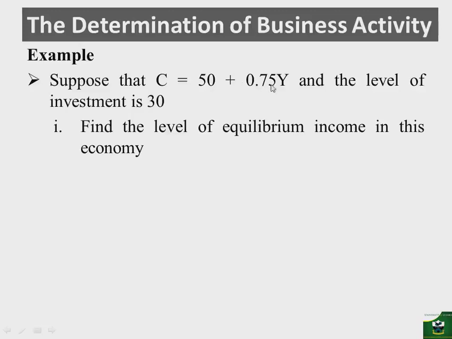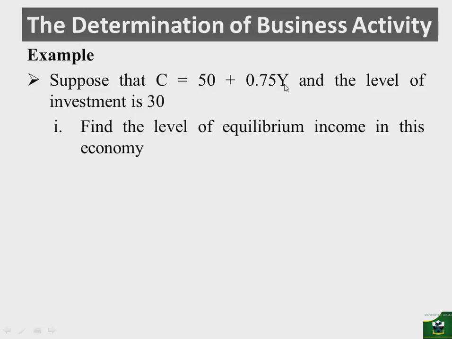And then plus 0.75y, this 0.75 is called the marginal propensity to consume. It shows that for any unit increase in income, consumption will increase by 0.75.